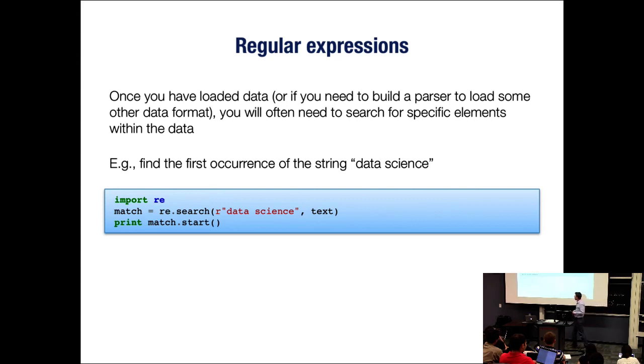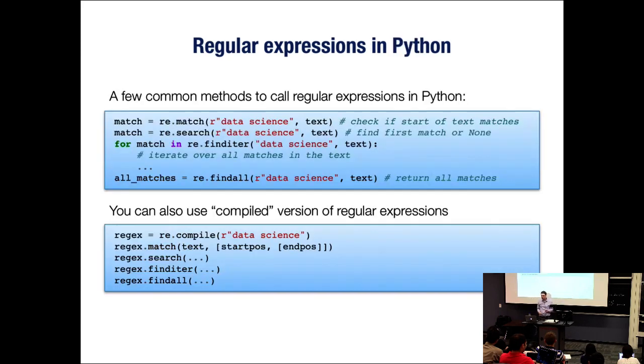Now that's kind of boring, right? We can do much more than just that. But before I get to that, there are a few other functions here. So here I'm calling re.search. Just be familiar with a few more. The other things that you may find useful, which all differ subtly, are re.match.